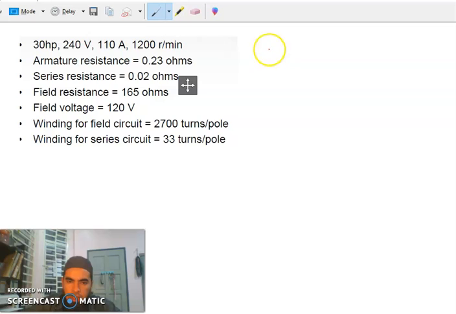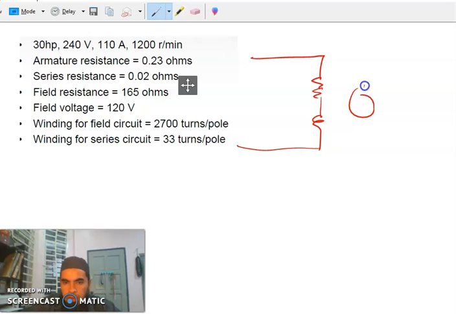So first of all, you need to draw the schematic of this motor, just a generic motor schematic which has RF here, we have L here.